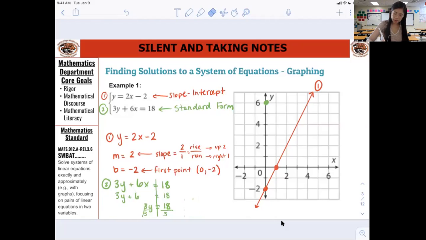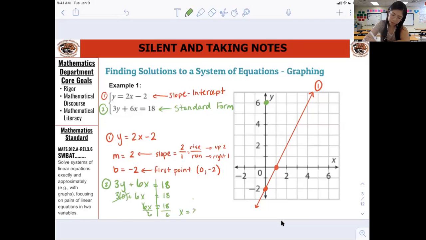I go back to my original equation, and this time I'm going to plug in a 0 for y, which cancels out, right? 3 times 0 is 0, so that cancels out. Now I have 6x equals 18, and when I divide by 6 on both sides, what do I get? 3.